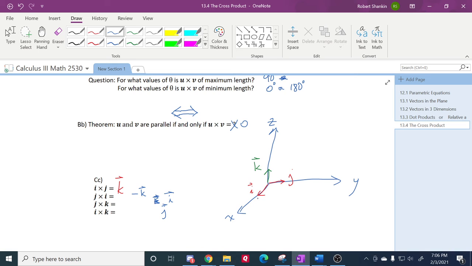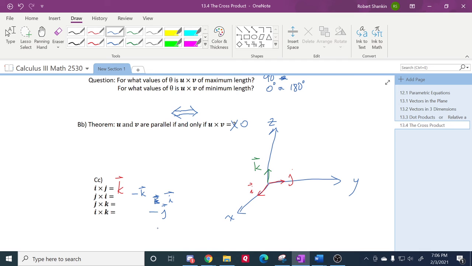And then I could curl straight up to K. So I cross K is going to be negative J. If I had it the other way, I would be curling underneath the xy plane to come all the way around. It would be way inefficient.